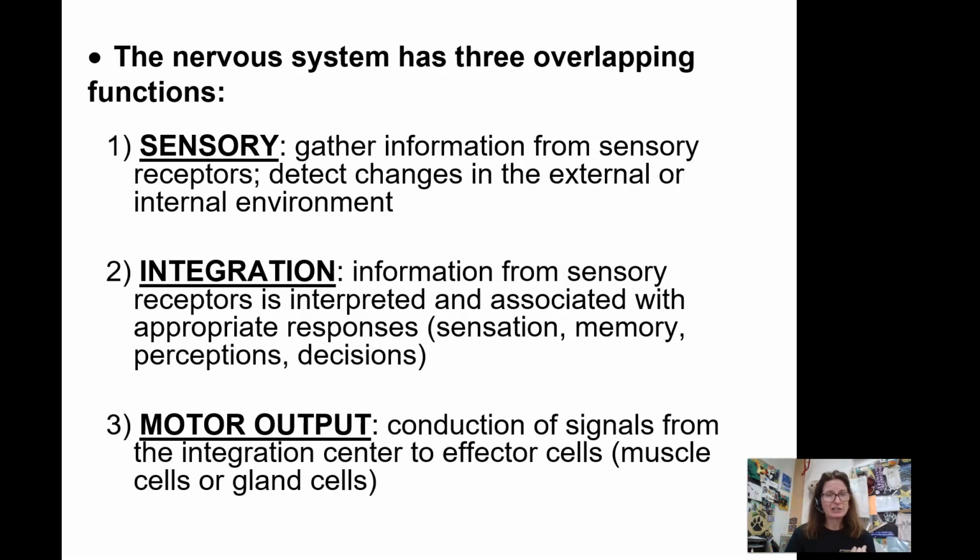Your brain will integrate and say, I need to move out of the way, so I'm going to make the decision to send a message out. That is the motor output function, down your arms, down to your legs so that you can dodge to the side, right? The motor output part would be your muscle cells that are contracting, causing the movement itself, so the pull on those bones.